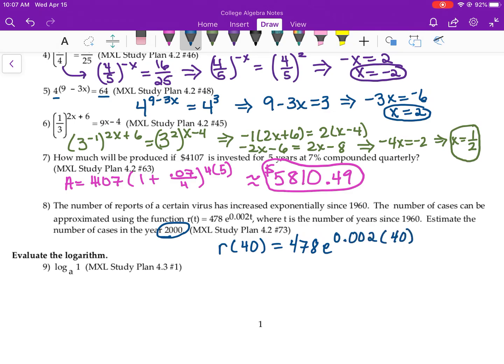And again, this can go straight into your calculator. Just make sure you have extra parentheses here. So 478 times e to the 0.002 times 40. That's roughly 518.